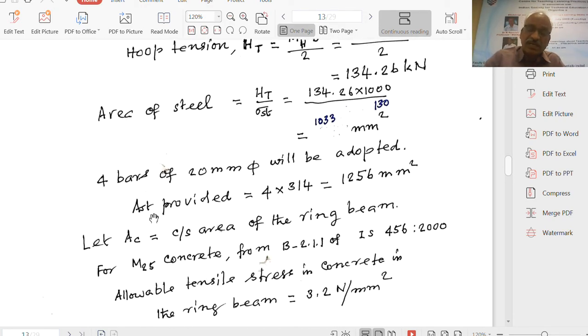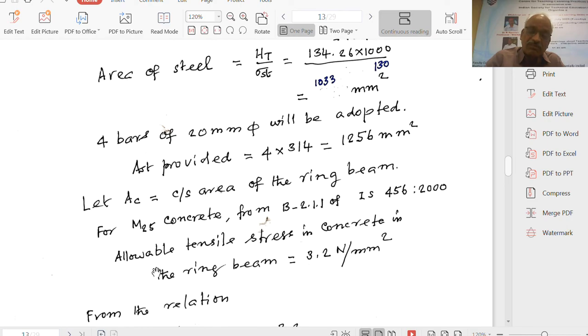Suppose AC is the cross-sectional area of the ring beam; we have to design it. For M25 concrete, from the IS code book, take the allowable tensile stress in concrete in the ring beam, because the ring beam is not in contact with the water.